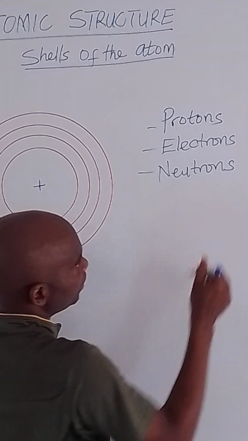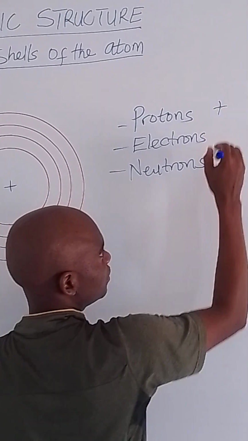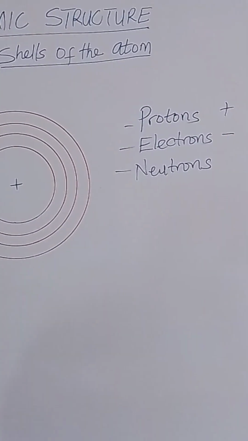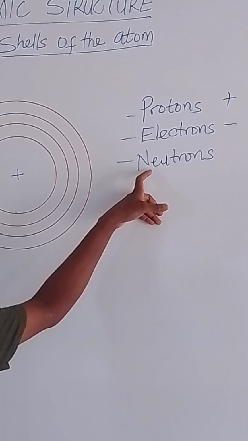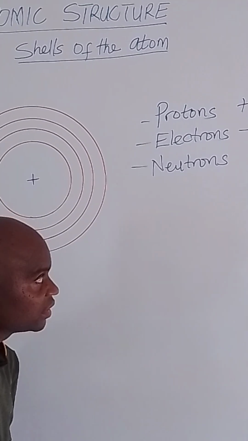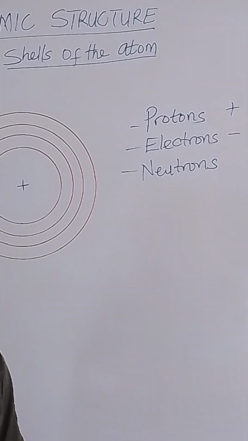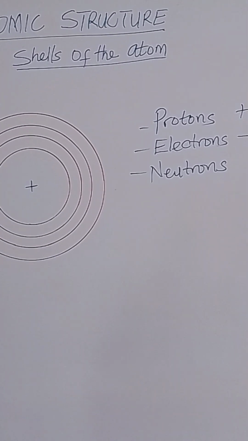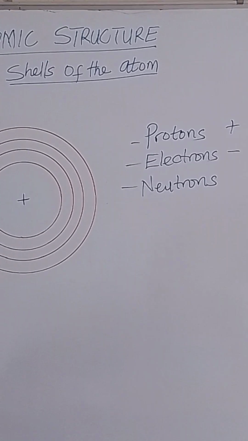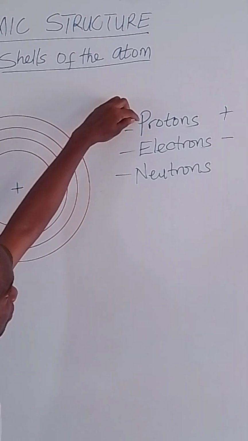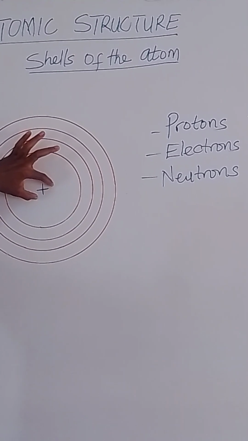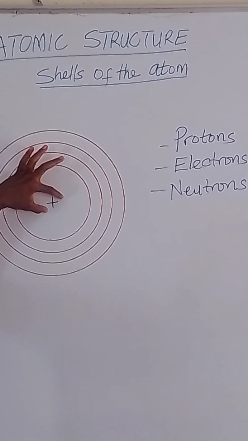Protons are positively charged particles. Electrons are negatively charged particles, while the neutrons are chargeless. They are neither positively nor negatively charged. The protons and the neutrons are found in the nucleus of the atom.